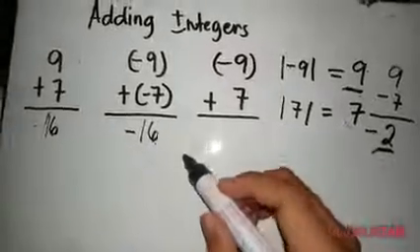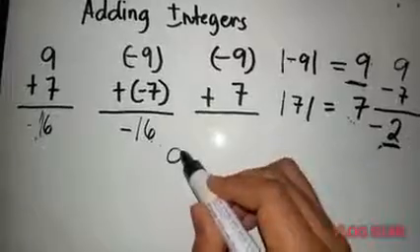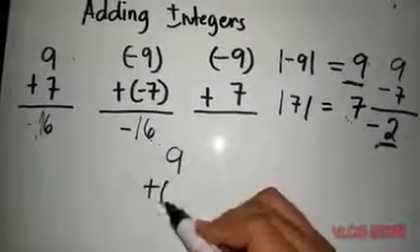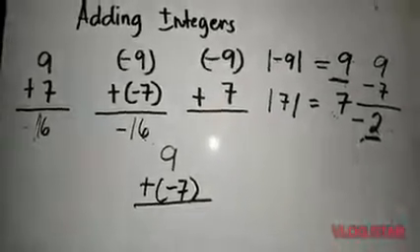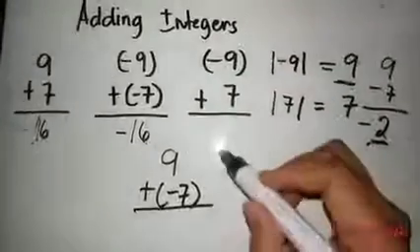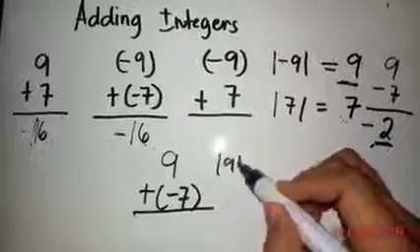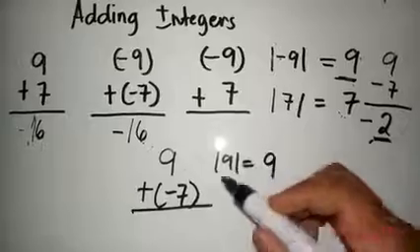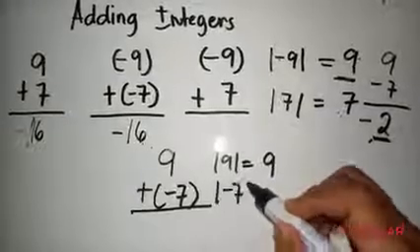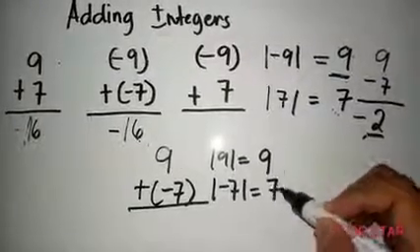Next example is 9 plus negative 7. The same process: get the absolute value of 9, that is positive 9. Then get the absolute value of negative 7, that is 7.